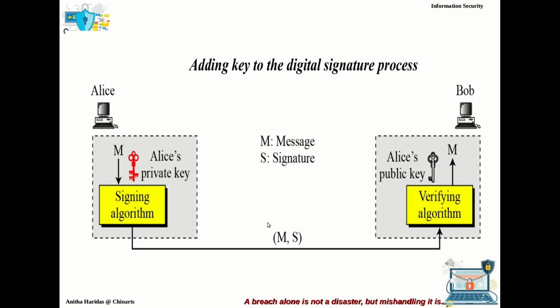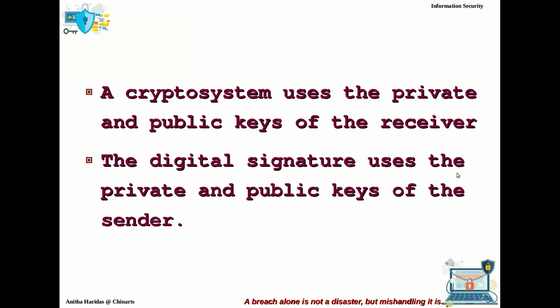Alice is the sender here, so Alice's public key will be used for the verification process, which specifies whether the message can be accepted or not.